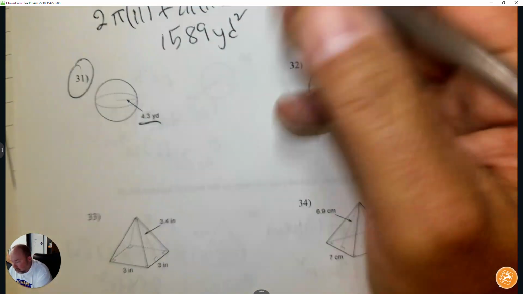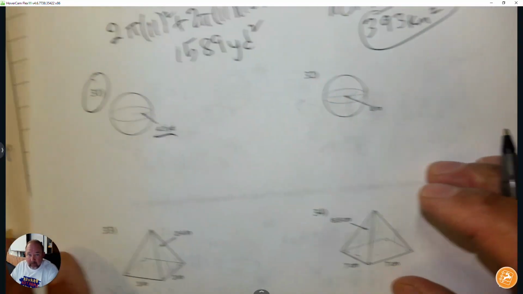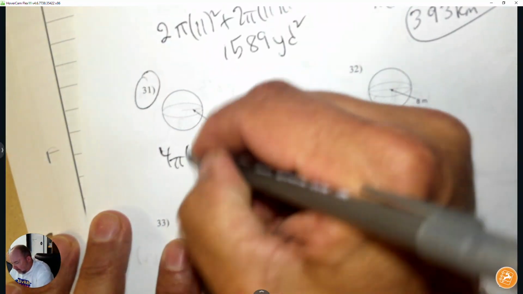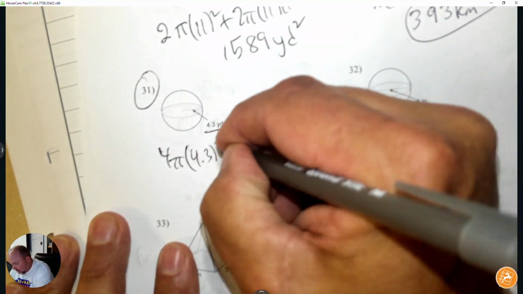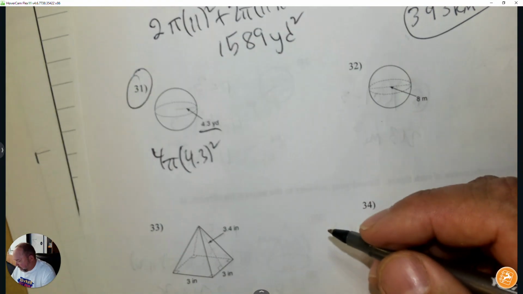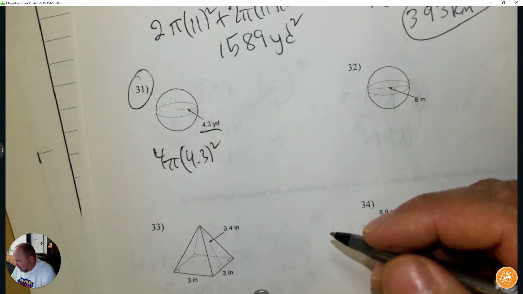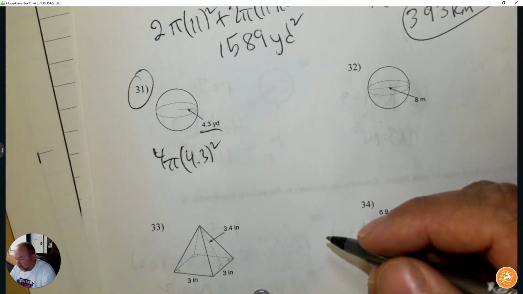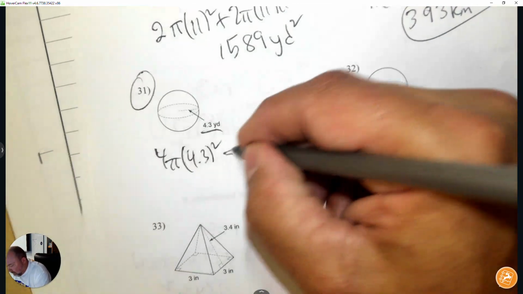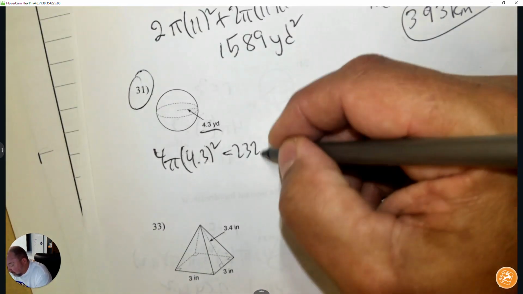Number 31, the radius is 4.3. The formula for surface area is 4 pi r squared, and that's it. That's approximately 232 yards squared.